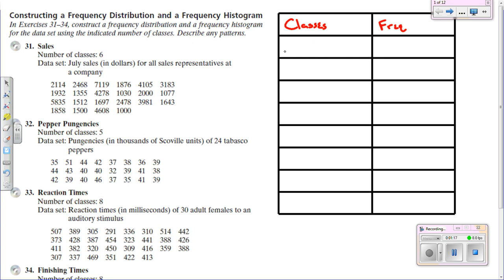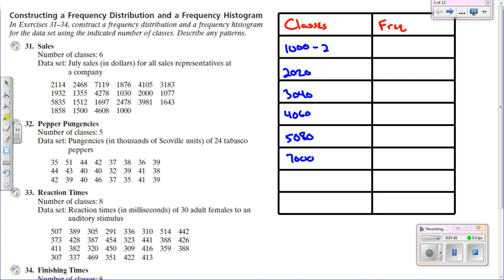So your first class is going to be from 1,000. And you add 1,020 to that, that's going to give you 2,020. Then add 1,020 to that, it's going to give you 3040. Then 4060. Then 5080. Then 7,000. Those are our classes.